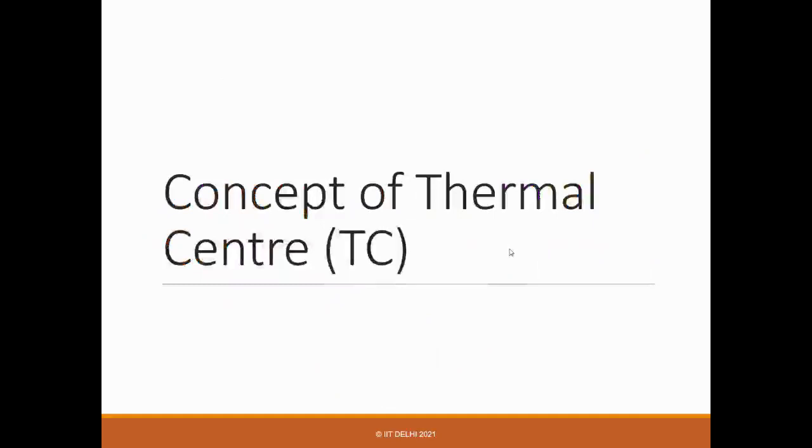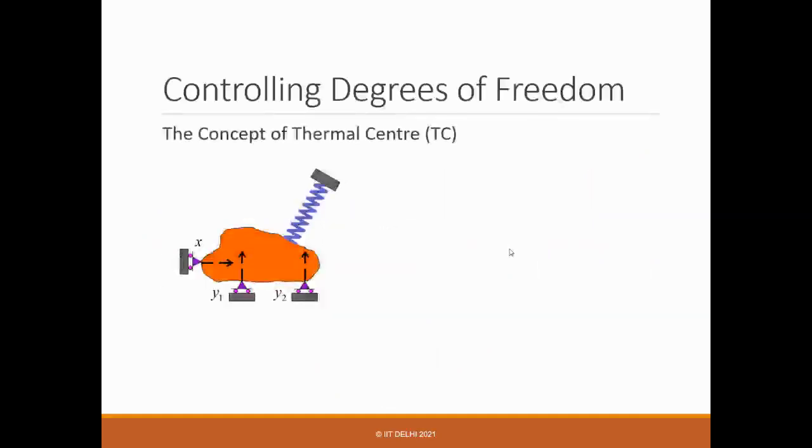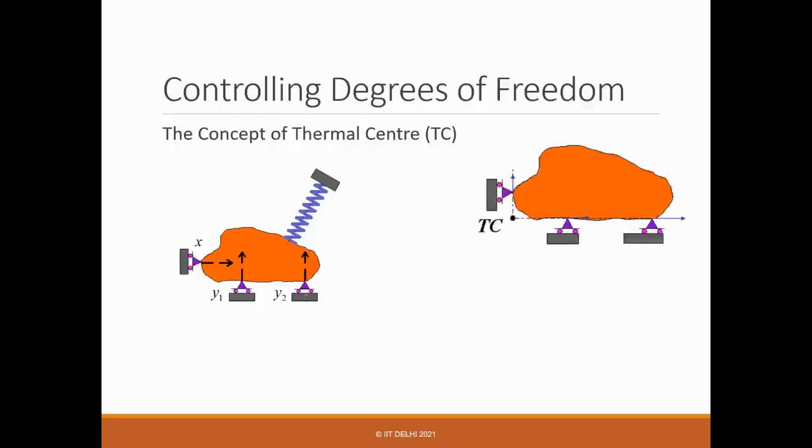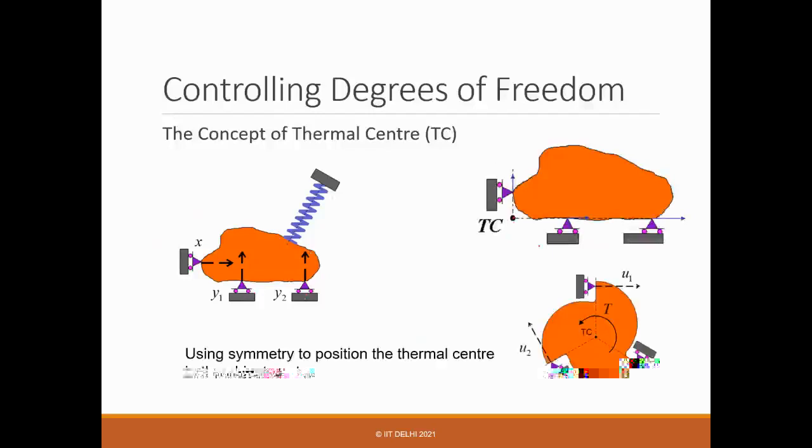So the concept of thermal center we were discussing, I think we also talked about it. In this case, yes, there is a nesting force, and y1, y2, and x, and of course here the intersection point is this point, so you get the thermal center there.